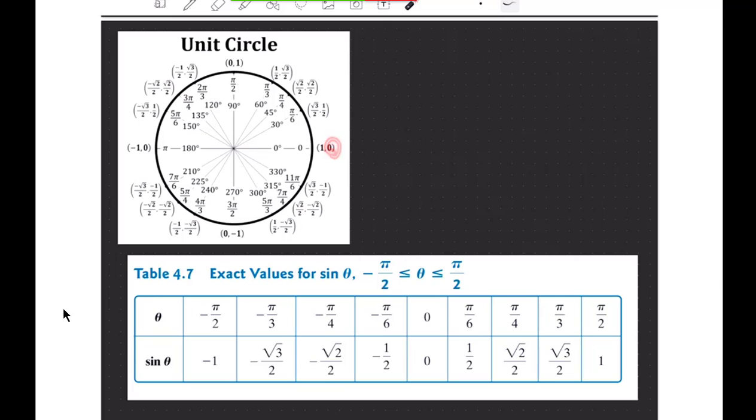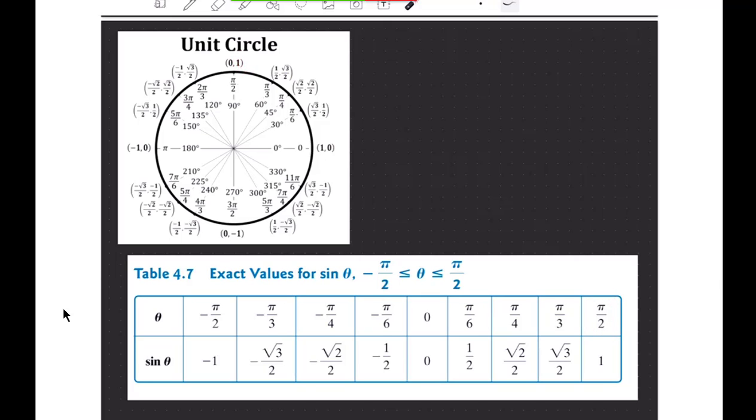Pi over 6 is going to be 1/2. Pi over 4 is going to be what? √2/2. Pi over 3? Square root of 3 over 2. And pi over 2 is going to be 1.